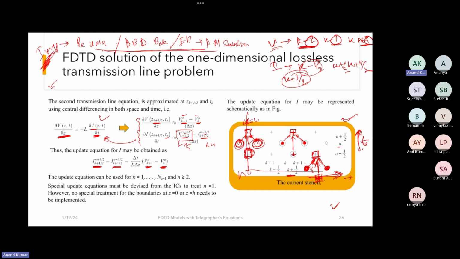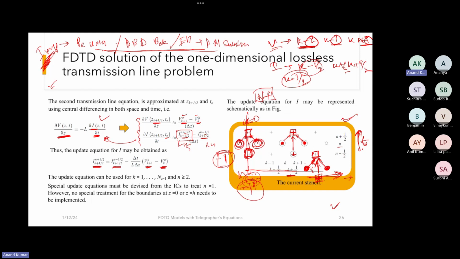If we are trying to evaluate them at k equal to 0, the stencil tells us that we will need the values at k equal to -1 or n equal to -1, but we do not have the information for negative time. t equal to 0 essentially means when we are trying to simulate from the start, and we won't have any information at t equal to -1. Similarly, n minus 1 and capital N plus 1 lie outside the simulation space.